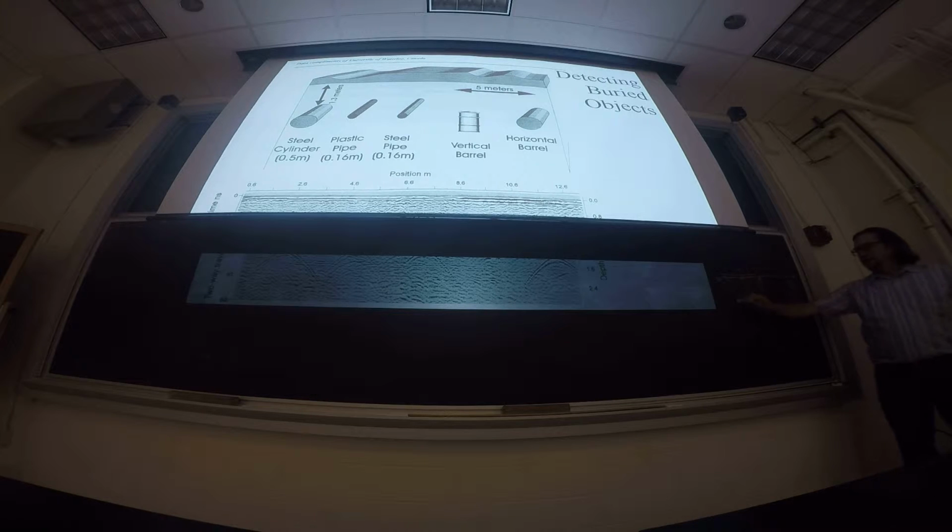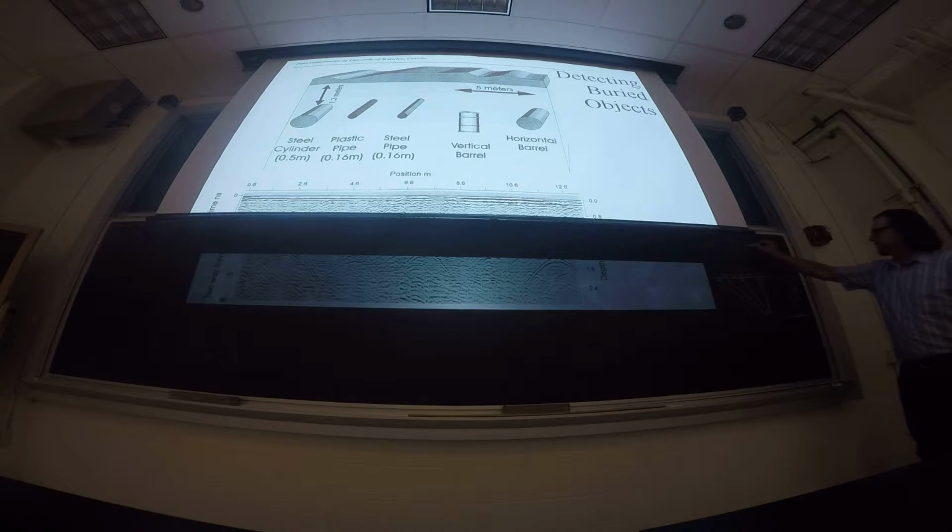And for a uniform velocity, if you go through and plot the travel time, the distance traveled by the wave going down, reflecting, and then coming back up is equal to the square root of X squared plus Z squared.